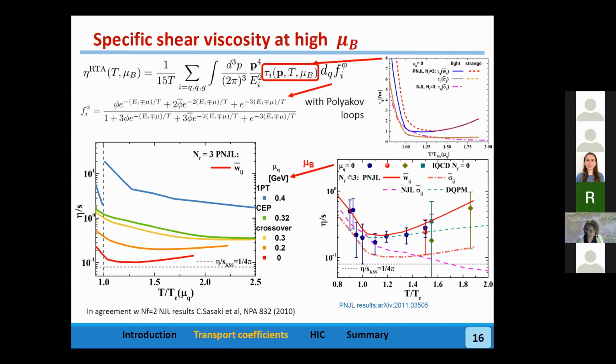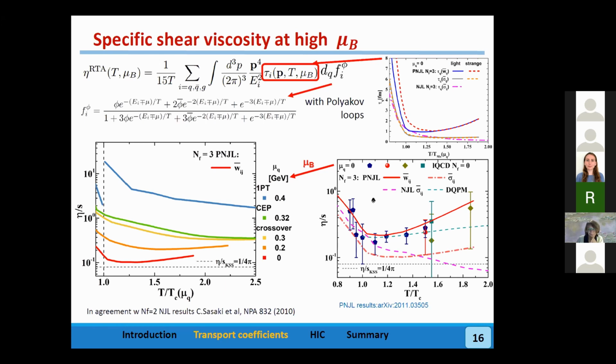Even though they have a different μb dependence, the results are the same: the shear viscosity increases with the increase of baryon density.